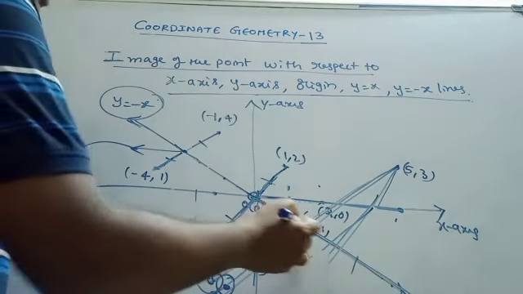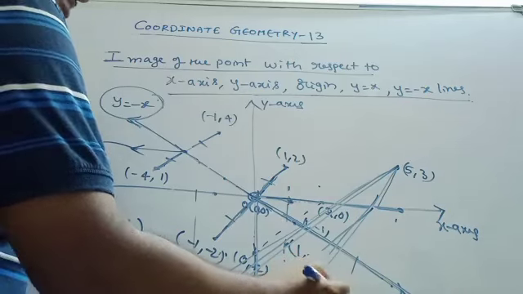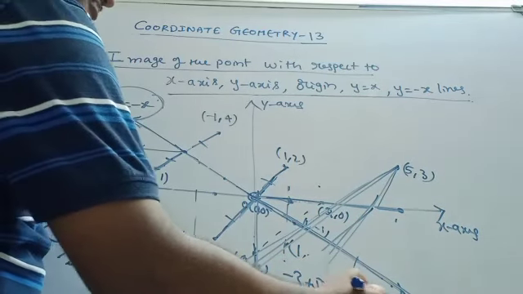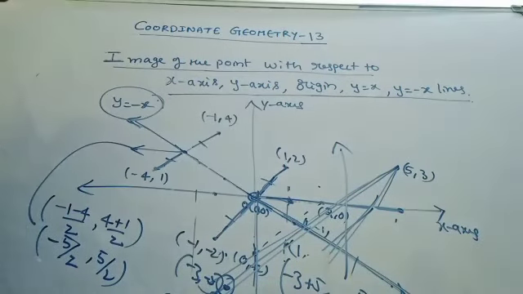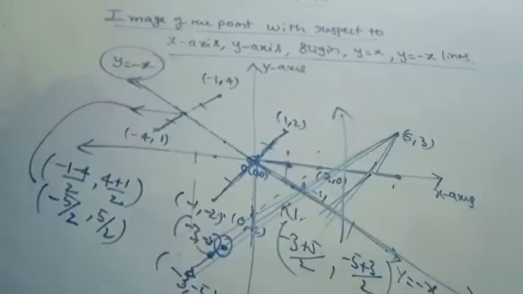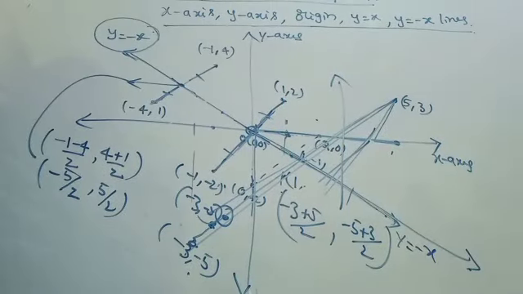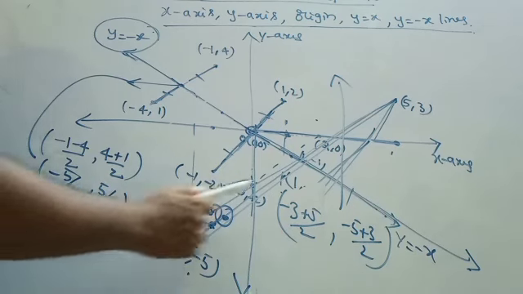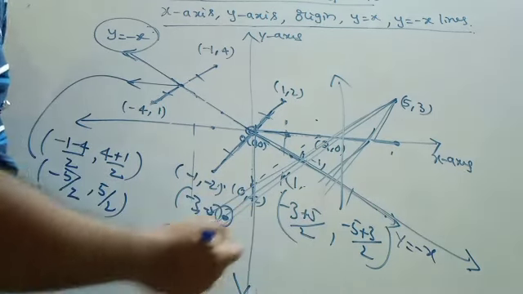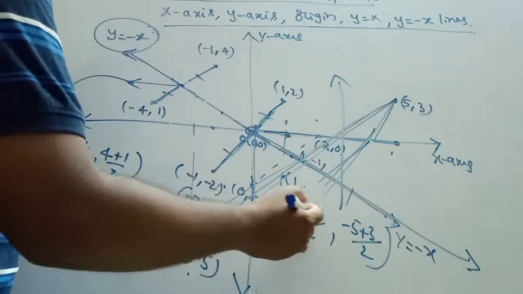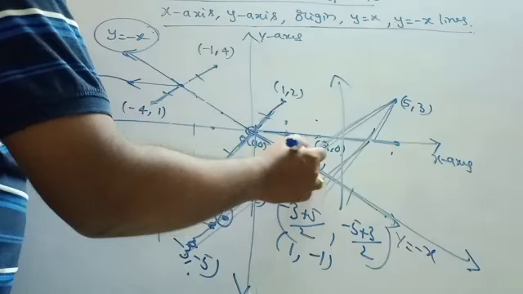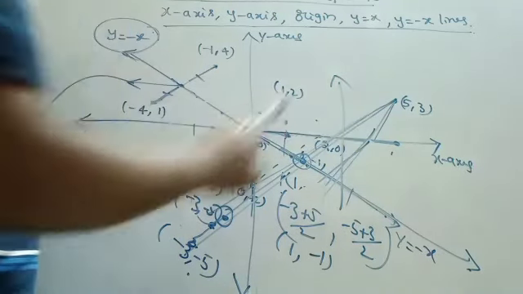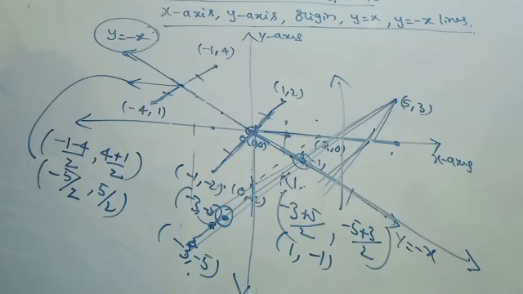Then if you take the midpoint, it is ((-3 + 5)/2, (-5 + 3)/2), that is (1, -1), which lies on this line. Therefore the image of (5, 3) is nothing but (-3, -5).